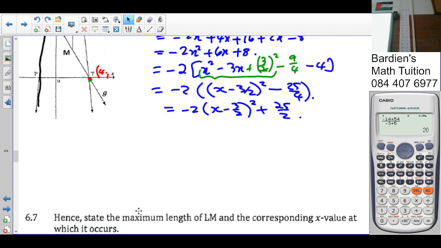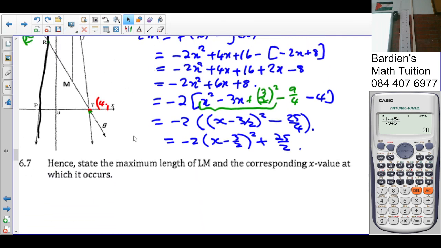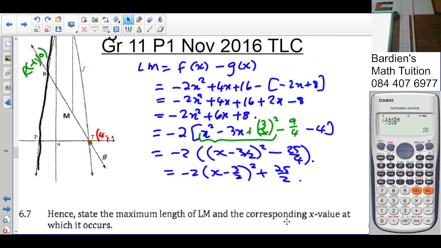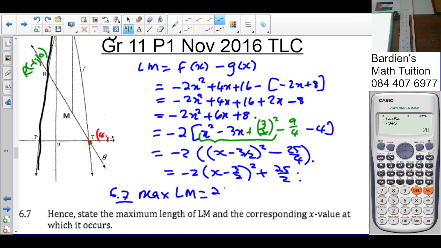Then the next question says, hence, state the maximum length of LM. Now 6.7. The maximum length of LM. What's the maximum length of LM? It's going to be 25 over 2, and occurs at x is equal to 3 over 2.